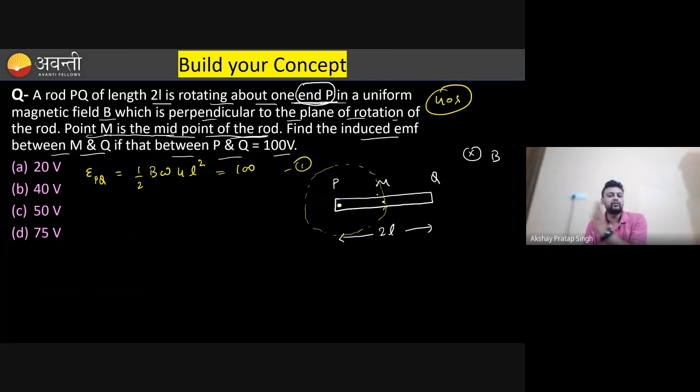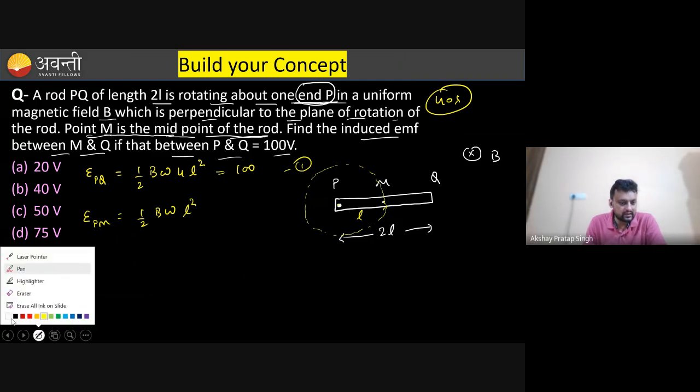If the rod was of only length L, then it would look something like that. So the EMF induced for the part P and M will be half B omega, and the length of this portion is L, so half B omega L square.